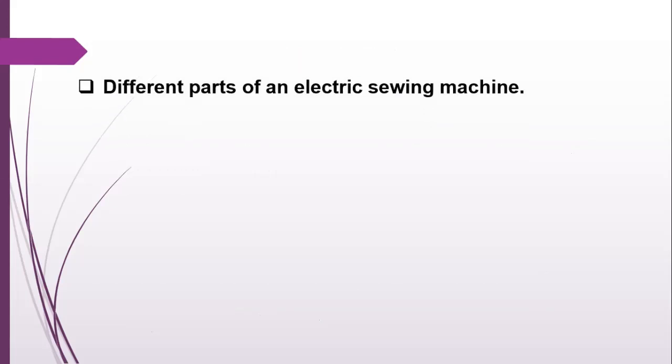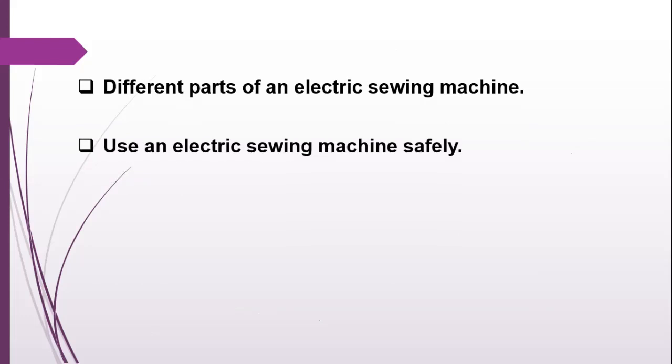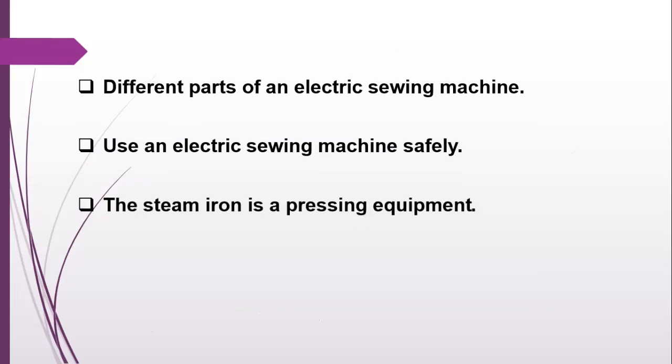You have also learned about the different parts of an electric sewing machine, how to use an electric sewing machine safely, that the steam iron is a pressing equipment, and how to use a steam iron safely.